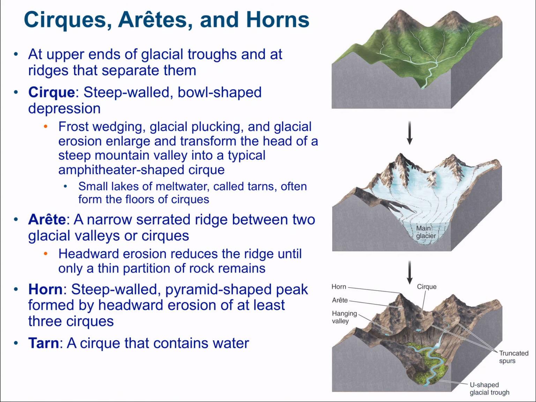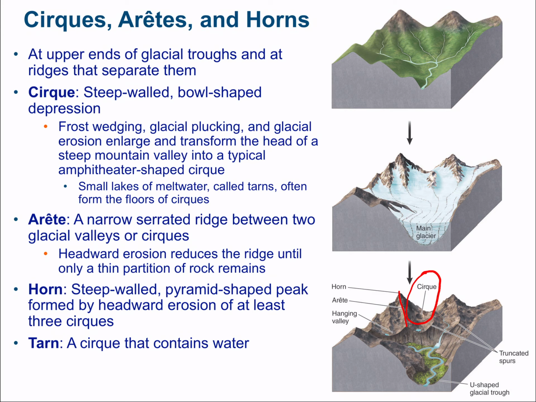Some other erosional features we have, you might see a cirque, which is a bowl-shaped depression. You can see I've circled it on the bottom picture. It is formed from either frost wedging, glacial plucking, or glacial erosion. You could have an arête, which this line represents right here. An arête is a narrow, serrated ridge between two glacial valleys or cirques.